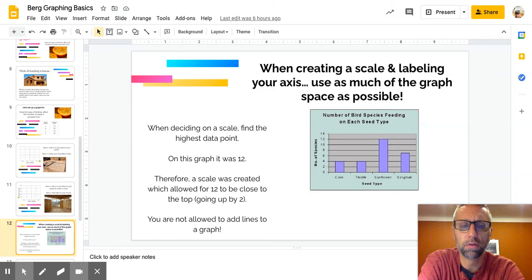You don't want all of your graph sitting down at the very bottom. It wouldn't make sense on the graph on this screen to number up to 1,000. I mean, you would have all of your bars way, way, way down at the bottom. It's like whispering your data. No whispering data. Tell the world, people, this is what I did. This is my data. Don't hide it all in the corner. Spread it out. Use up the whole space.